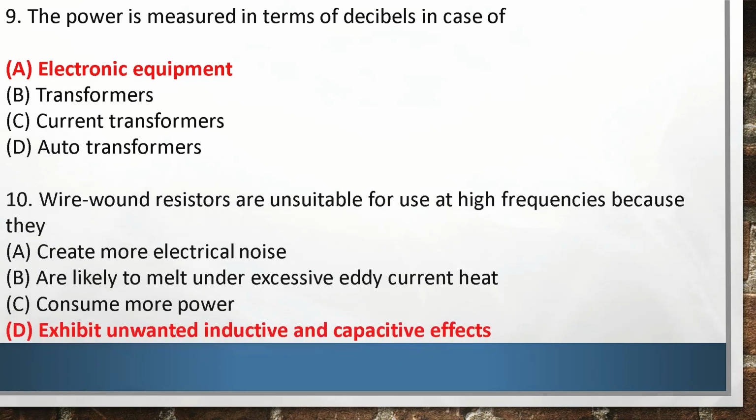Moving to 10th, wire wound resistors are unsuitable for use at high frequency because they, and the options are A create more electric noises, B are likely to melt under extensive eddy current heat, C consume more power, D exhibit unwanted inductive and capacitive effects, and the answer is D exhibit unwanted inductive and capacitive effects.